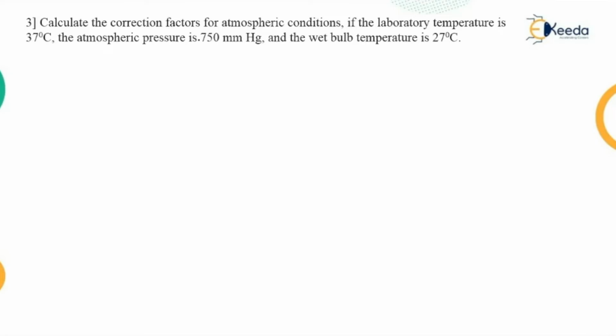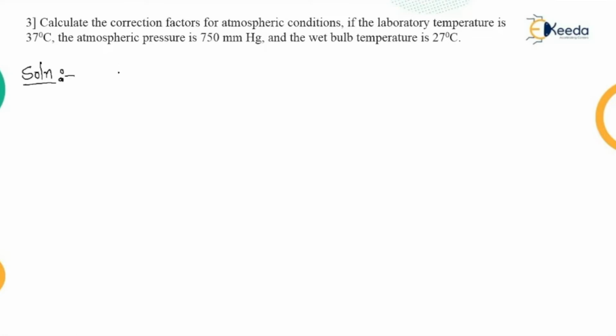This is a simple numerical where you have to calculate the correction factor for atmospheric condition. The correction factor is generally given by the equation. So I will first write the solution.